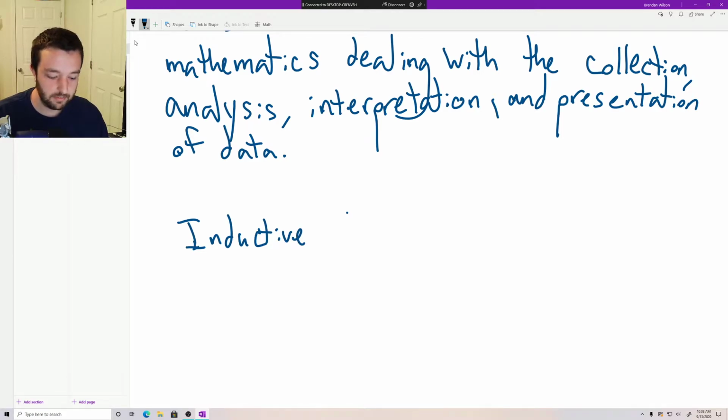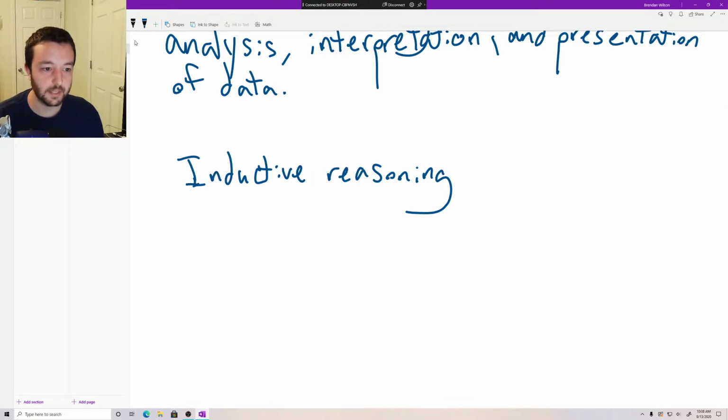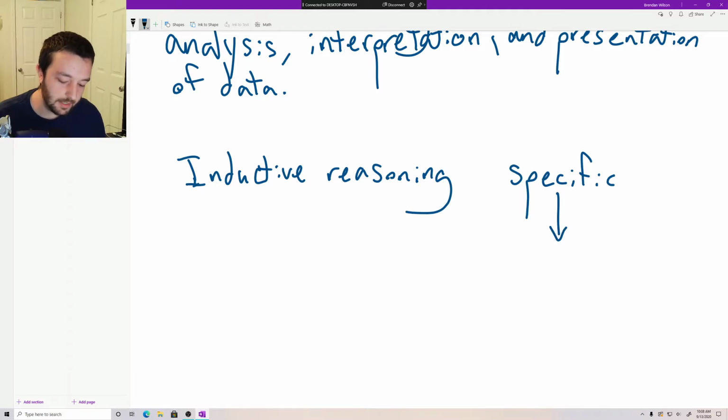I think this definition is in chapter 1. You don't have to know the definitions. I'm just showing you how statistics is different from other branches of math. Inductive reasoning is where you go from something specific and you generalize it.